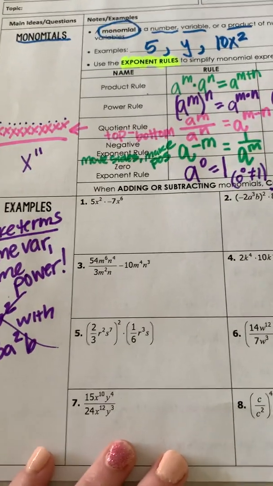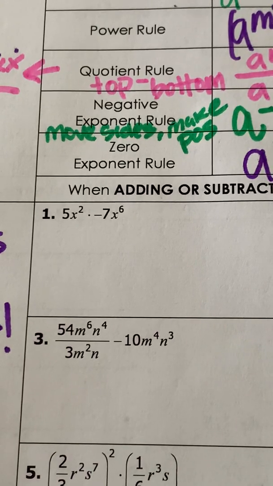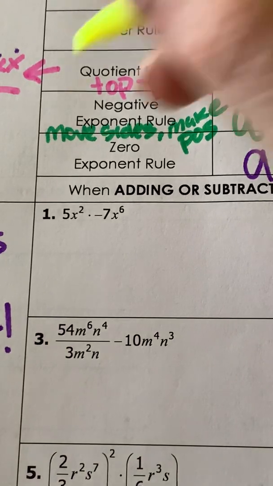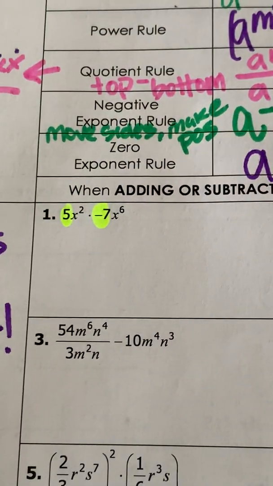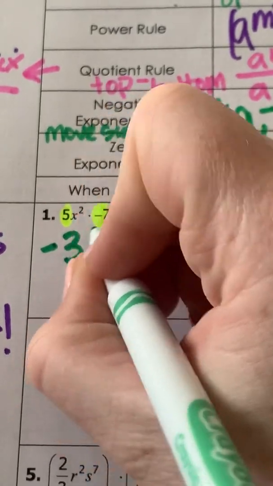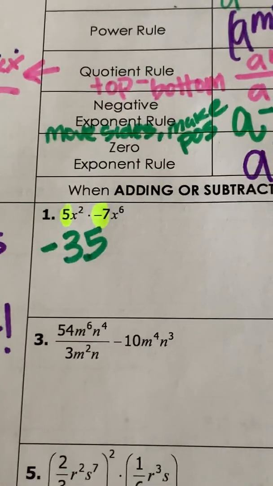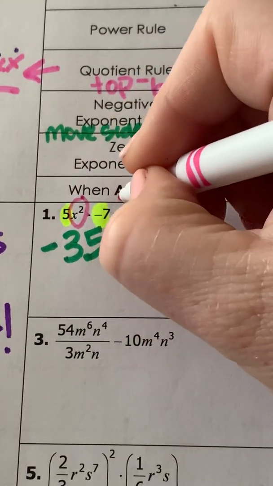So number 1, we're asked to multiply. So what you're gonna do is the numbers aren't gonna change. Those numbers are always following the same rules. No matter what, I can do 5 times -7 and get -35. Okay? But for x's, this is a times, so we're gonna use the product rule.